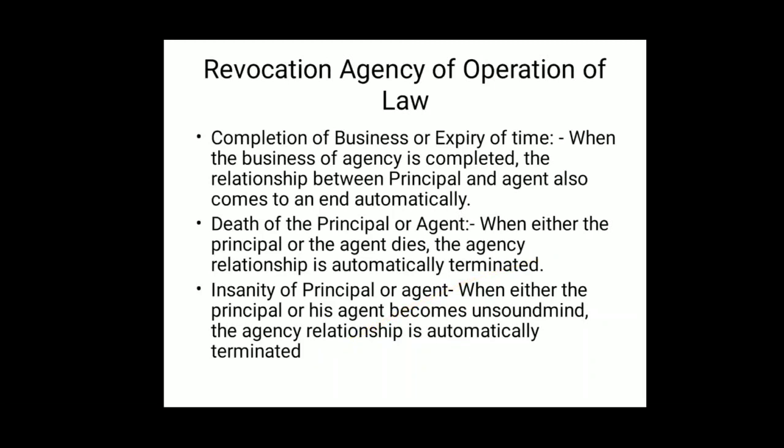First one is simple: for whichever business you made that contract of agency, if that business or transaction got completed, or if the time which the principal and agent agreed on expired, then automatically the relationship between principal and agent will also get over.